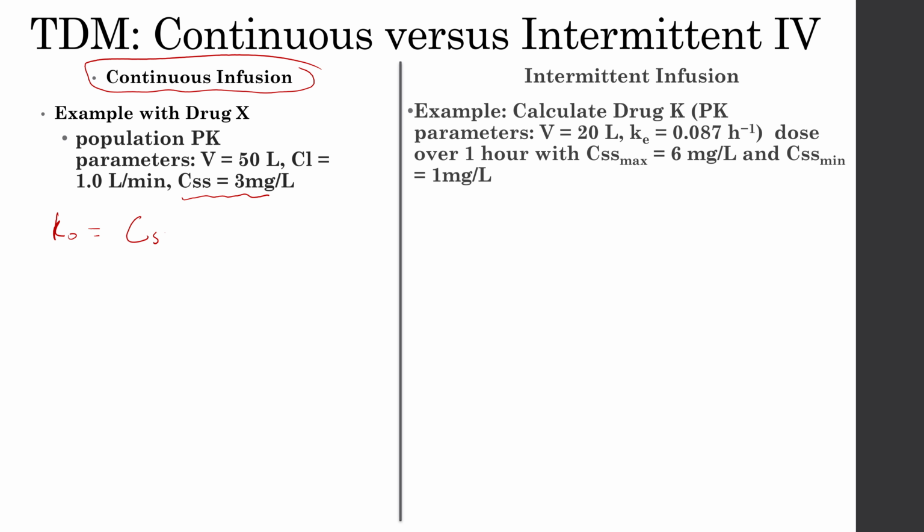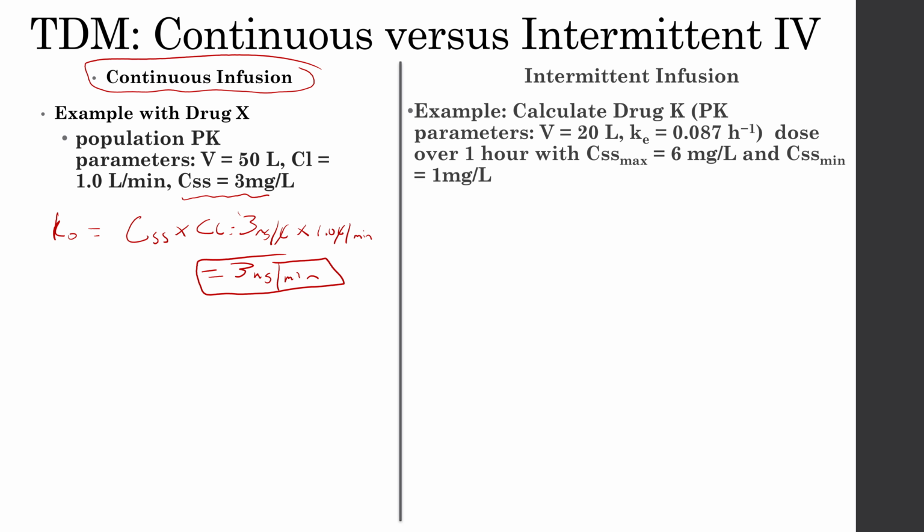It's equal to concentration at steady state times clearance, which is 3 milligrams per liter times clearance, 1.0 liters per minute. Okay, and we see that we do have units that match, and that should give us approximately 3 milligrams per minute.